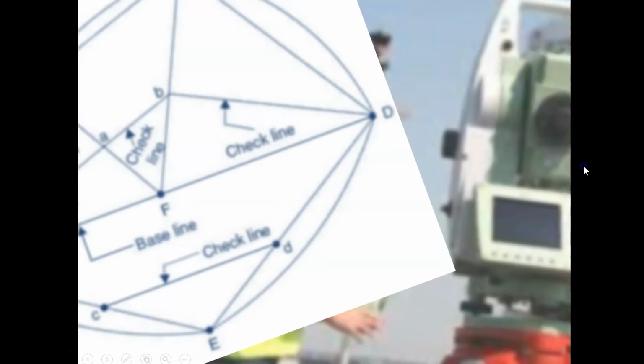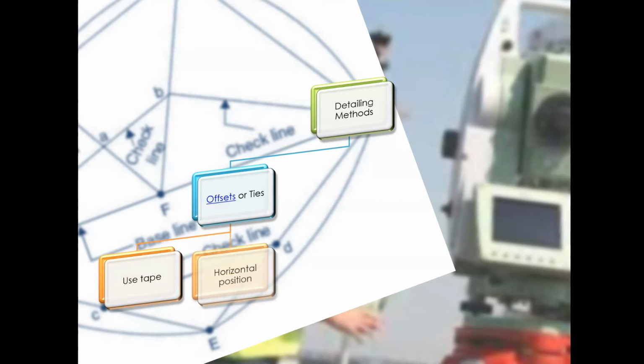So anyway, detailing methods. As I say, you can either use offset or ties. You use a tape. When you use a tape, you only obtain the horizontal position.